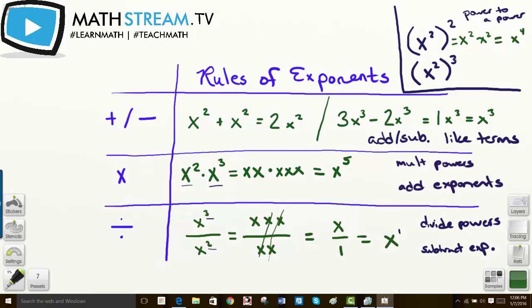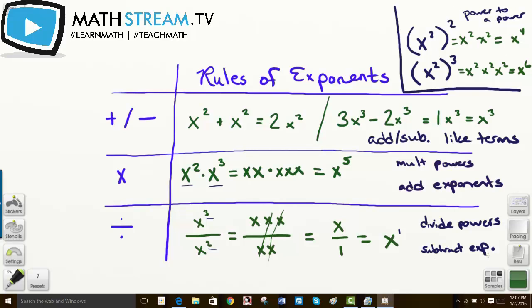In this case, x squared cubed, that means we have 3 factors, x squared times x squared times x squared. Again, we would add them up, 2 plus 2 plus 2, that would be x to the 6th.